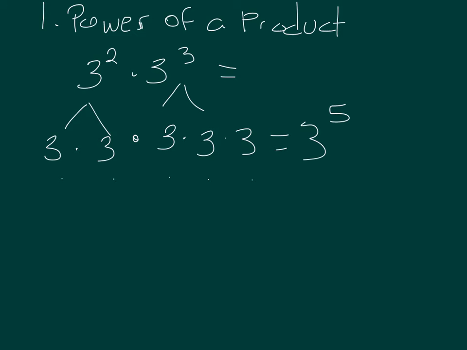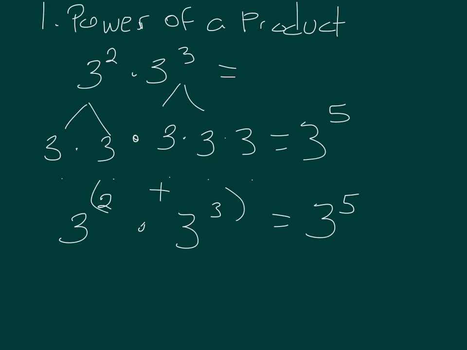Well, let's look at it this way. Is that not just the same as 3 squared times 3 cubed, which is the same as adding the 2 and the 3, giving us 3 to the 5th power? That is called the product of a power.